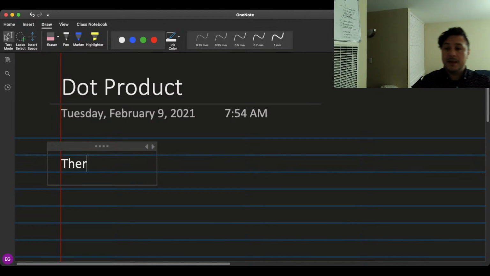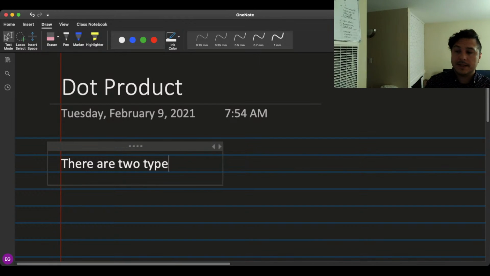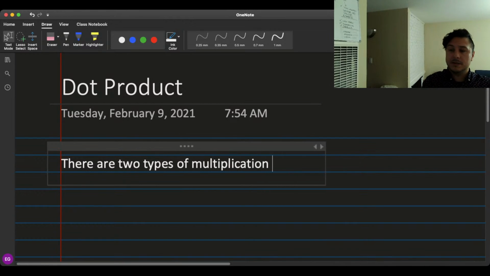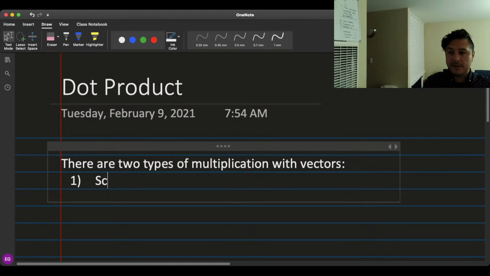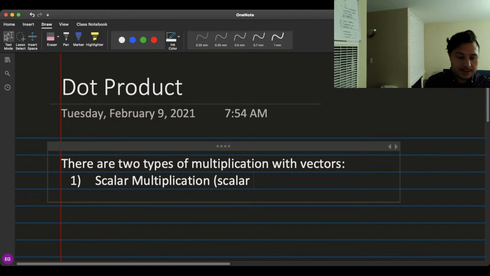So anyways, there are two types of multiplication with vectors. One of them you've learned about is scalar multiplication. Scalar multiplication is a scalar times a vector.